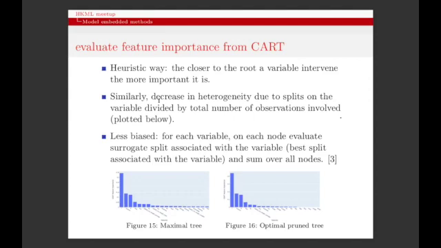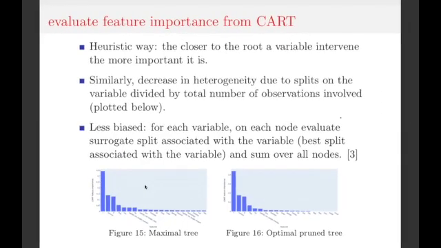Similarly, we can look at the decrease in heterogeneity due to splits on the variable divided by the total number of observations involved. This is another heuristic method that I plotted below. And the less biased method is, for each variable, to compute the best surrogate split associated with the variable on every node and sum over all nodes.